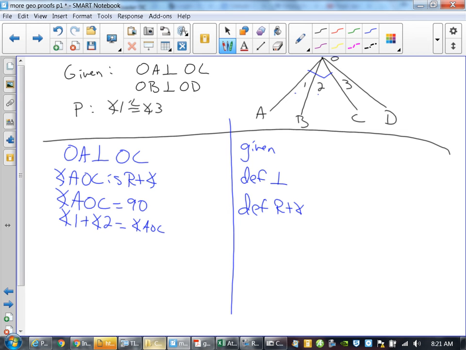We said it out loud. I just didn't write it down. There's our angle addition. And now that I know that these two are the same, I can now say that angle 1 and angle 2 equals 90, because just like you said, there's our substitution.